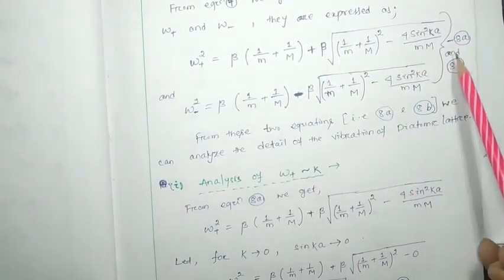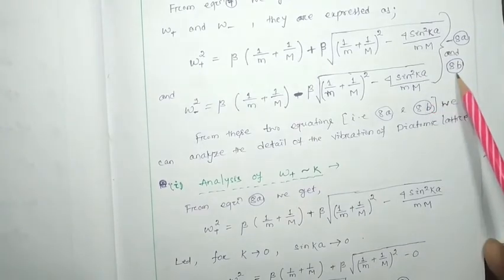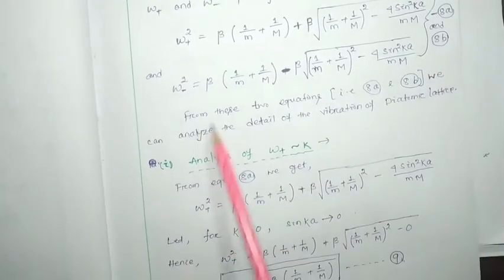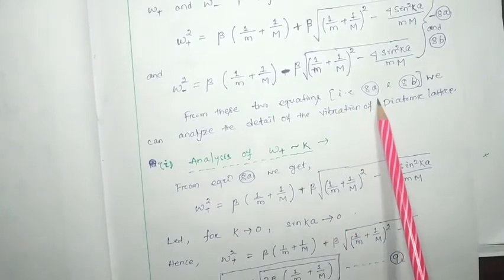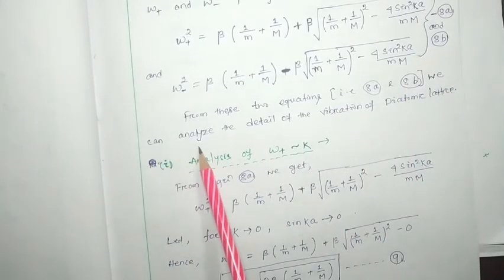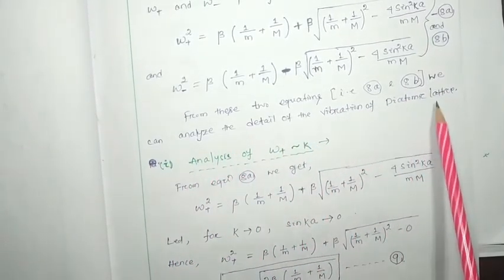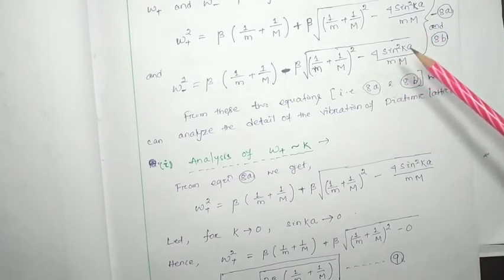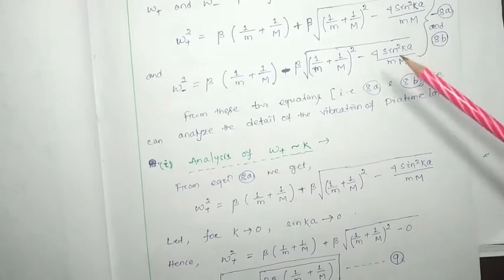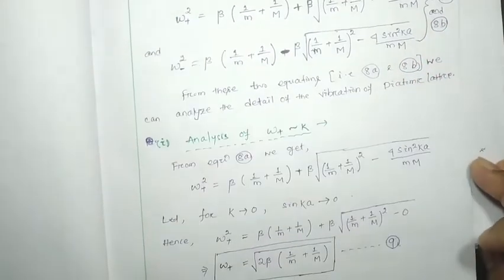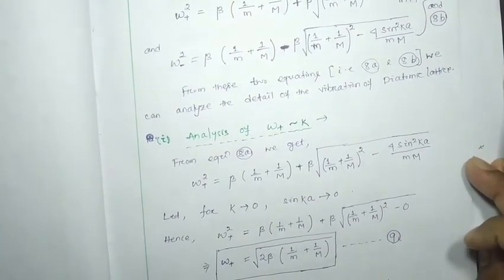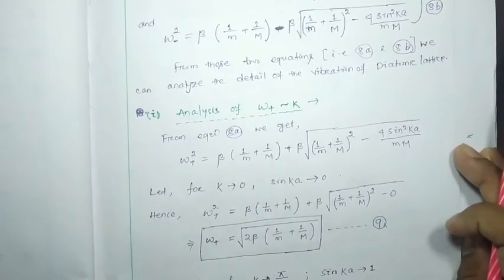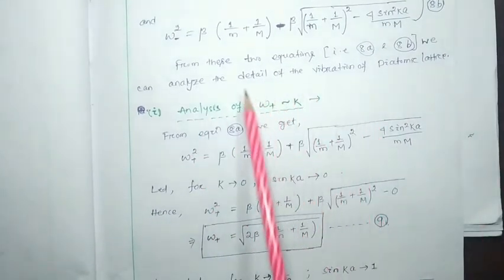Let this be equation number 8b. From these two equations, 8a and 8b, we can analyze the detailed vibration of the diatomic lattice, that is, how the two atoms vibrate in a linear arrangement.